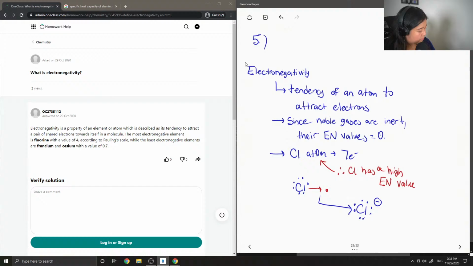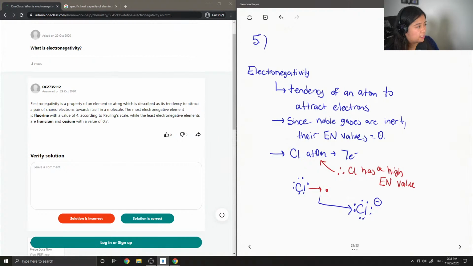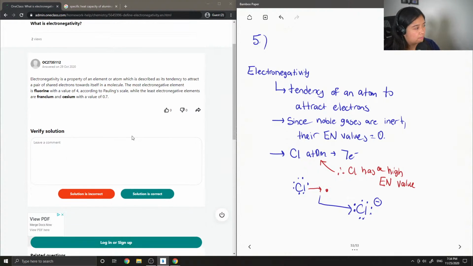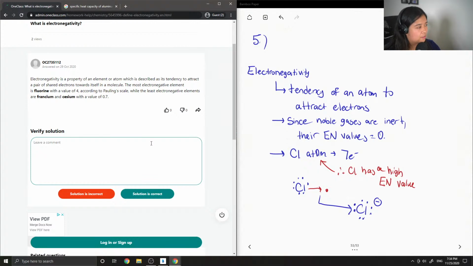Okay, so let's see what the junior tutor said. Electronegativity is a property of an element or atom, which is described as its tendency to attract a pair of shared electrons towards itself in a molecule. The most electronegative element is fluorine, with a value of 4 according to Pauling's scale, while the least electronegative elements are francium and cesium, with a value of 0.7. I wouldn't say they are the least electronegative, since technically noble gases would be more, but the answer's still correct.